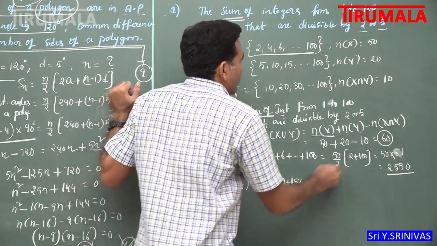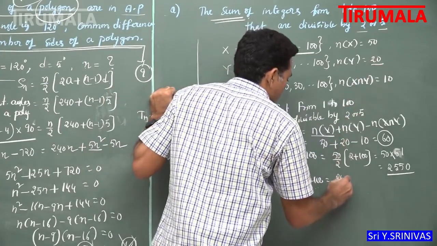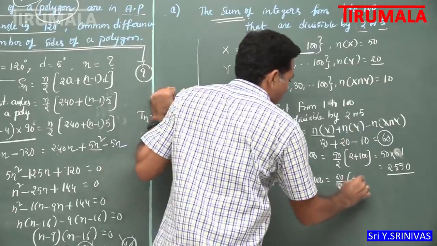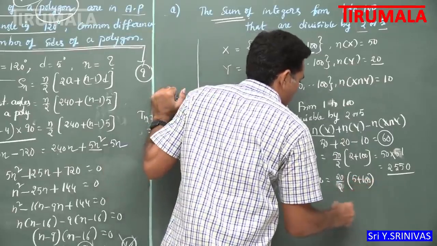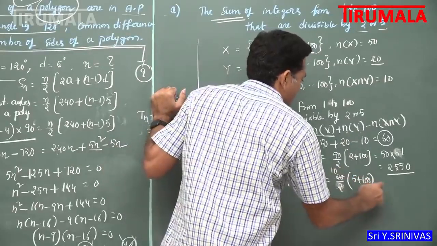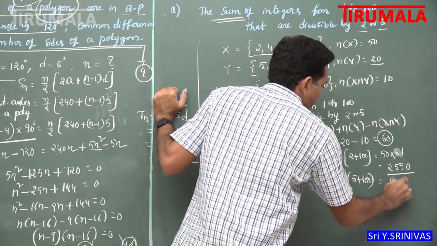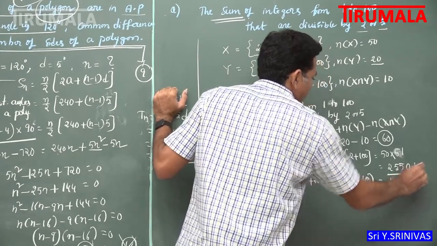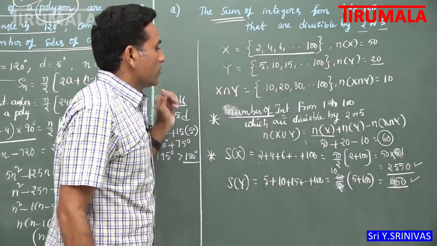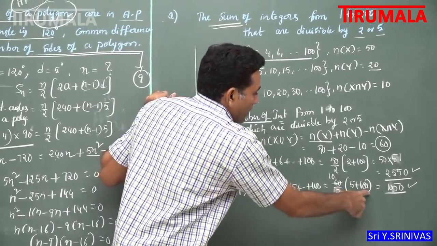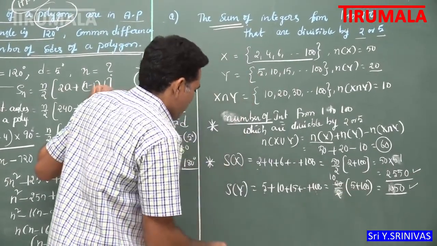How many numbers are there? 20 numbers. 20 by 2 into first term plus last term, 5 plus 100. It is 10 into 105, which is 1050.